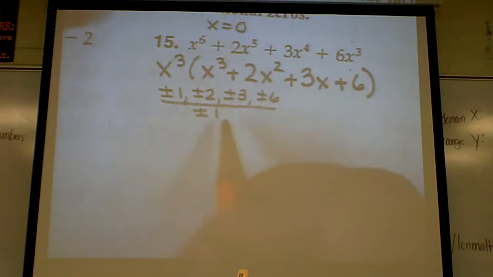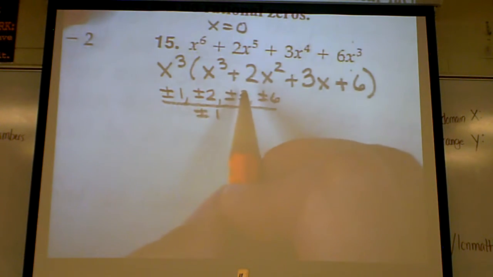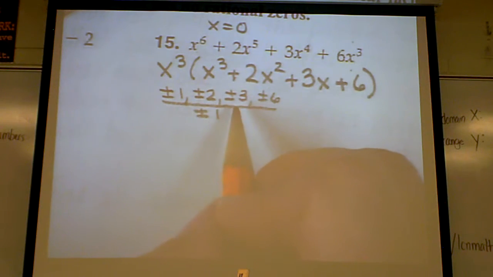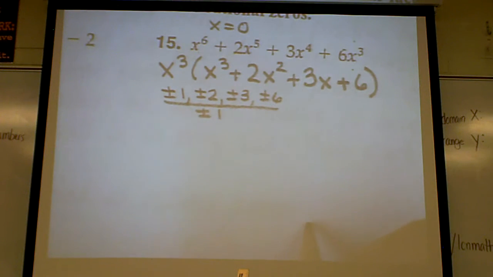So try 1, try 2, use your upper and lower bound. When you hunt down and find your first 0, whatever you get in your bottom row is going to be x squared. Then you're going to use the quadratic formula to find the other ones.